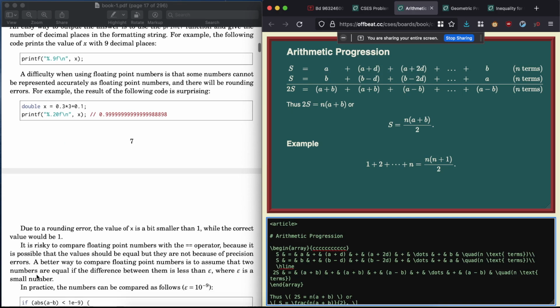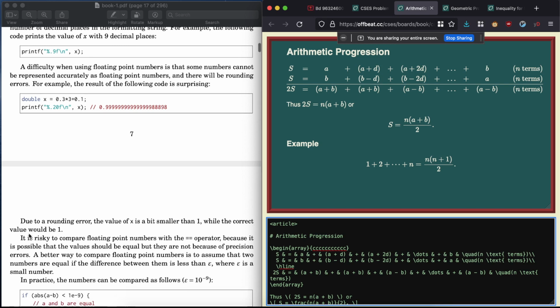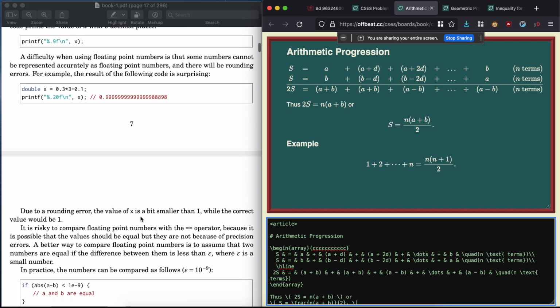And this is because of rounding error, because of the way we represent decimal numbers in binary representation. So that's the reason for that. Due to a rounding error, the value of x is a bit smaller than 1, while the correct value would be 1. It is risky to compare floating point numbers.